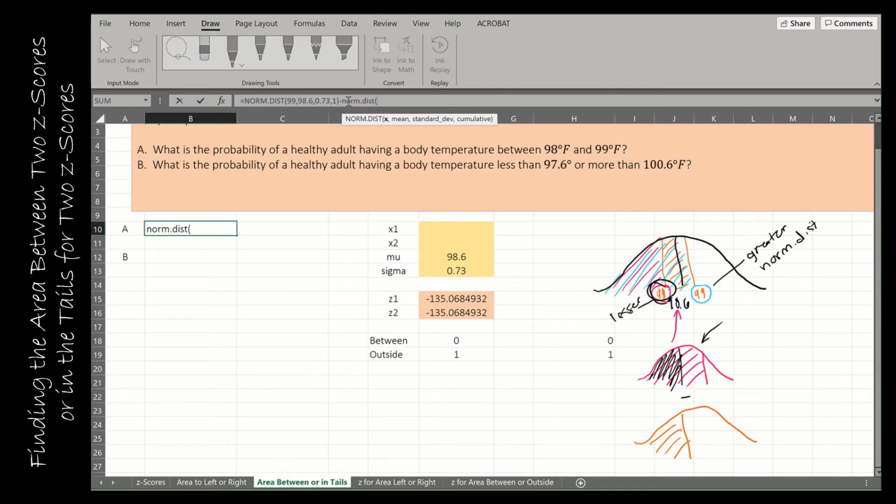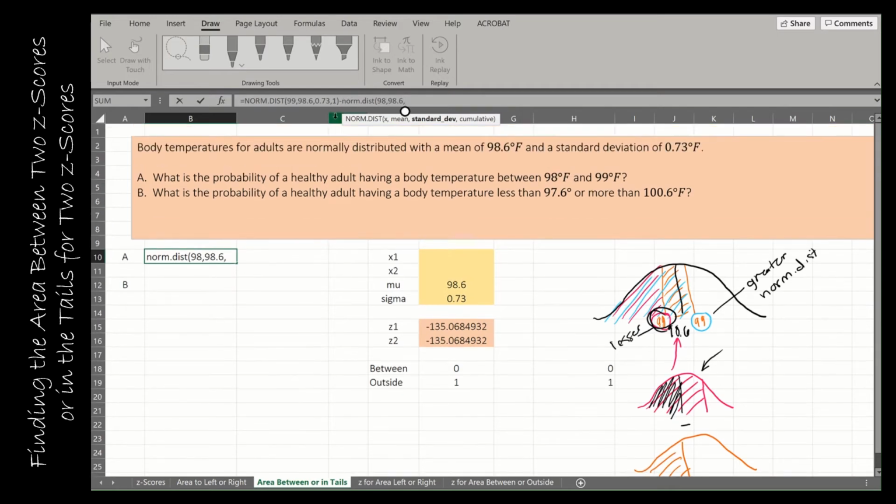So norm dist, and then this is 98, comma, 98.6, comma, 0.73, comma 1. So that's the area between the two values. And again, I'll get to this part in a minute, but that's the correct solution.